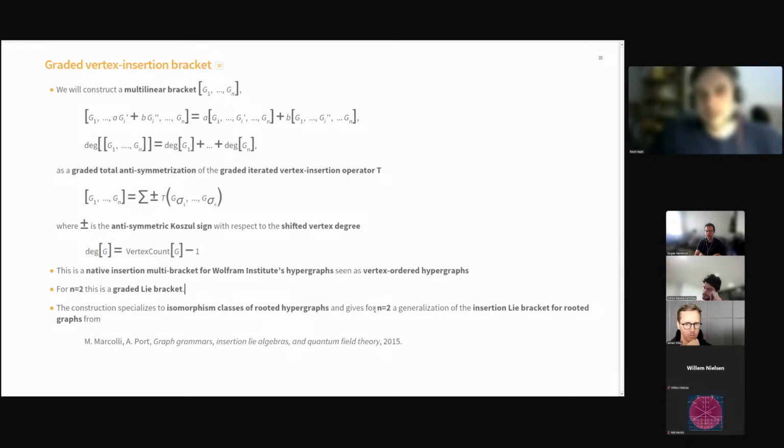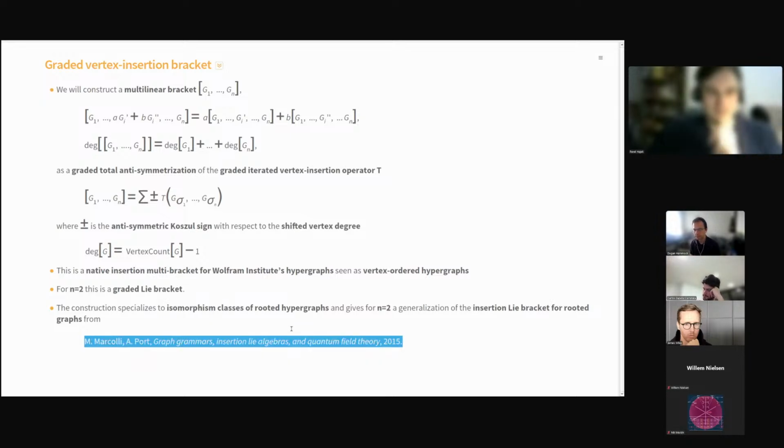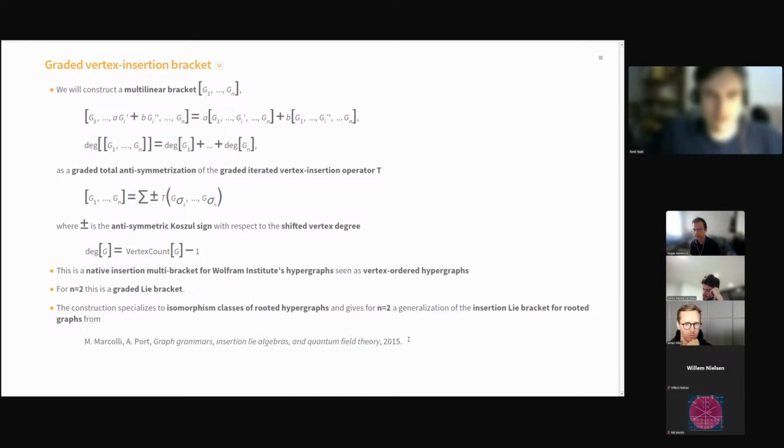This specialization for n equals 2 gives a generalization of the insertion Lie bracket for rooted graphs from this paper. Basically, my work for the Wolfram Winter School is a generalization of the constructions in this paper to hypergraphs, and all these generalizations to tucked and edge and so on.